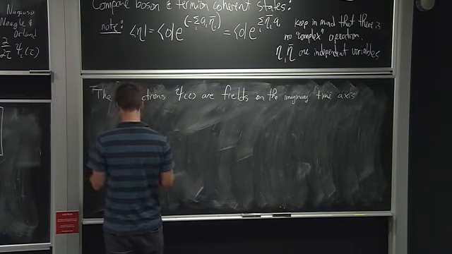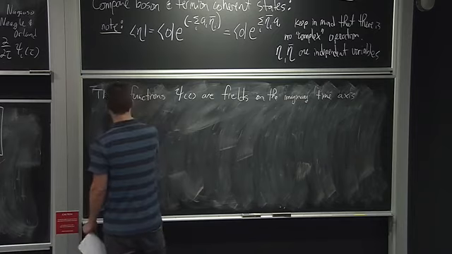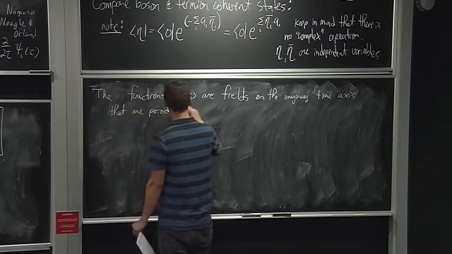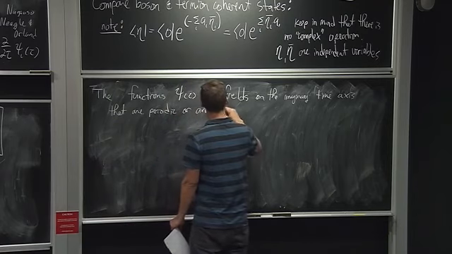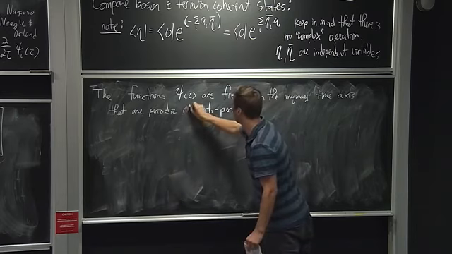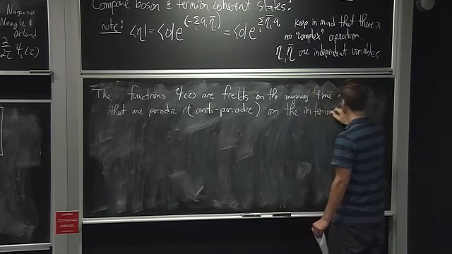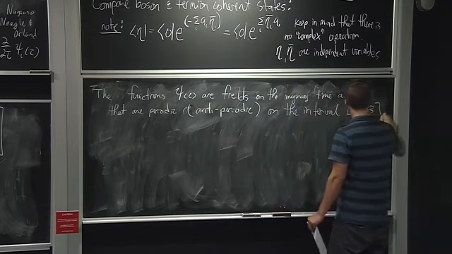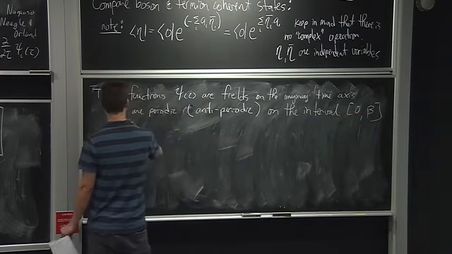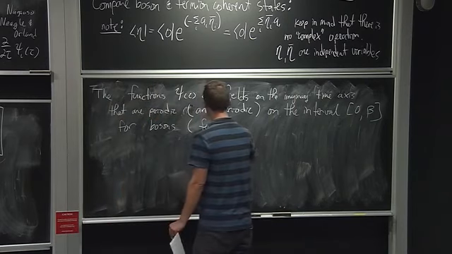So what am I talking about? Oh yeah, the fields are periodic or anti-periodic on the interval tau from 0 to beta: periodic for bosons, and anti-periodic for fermions.